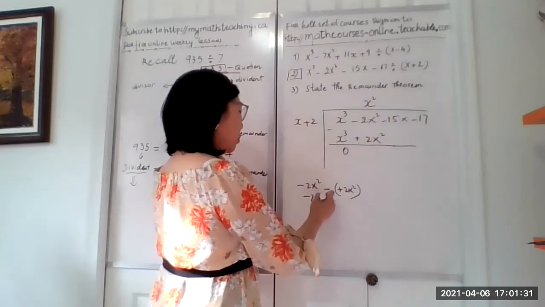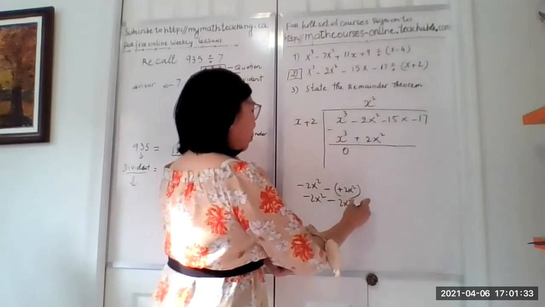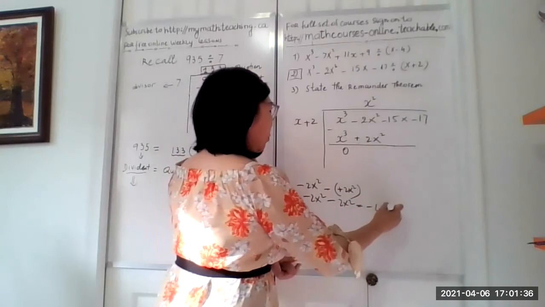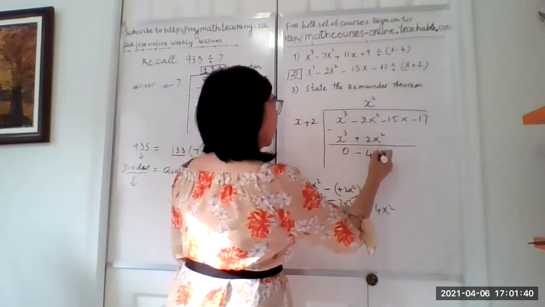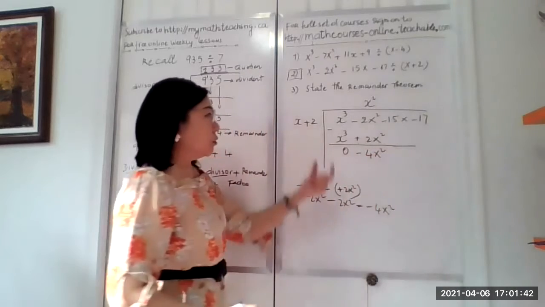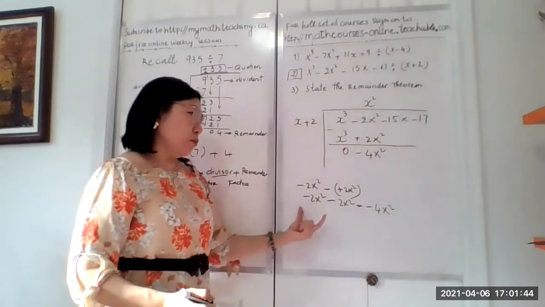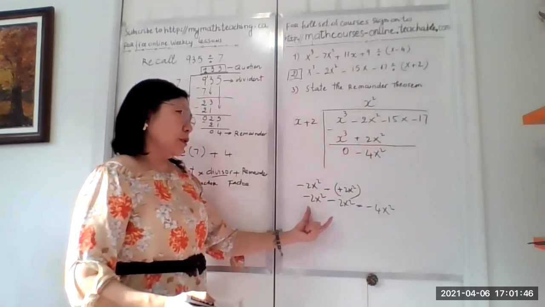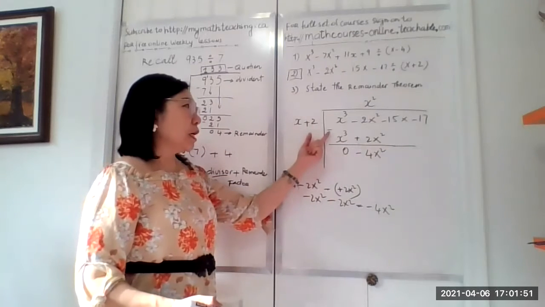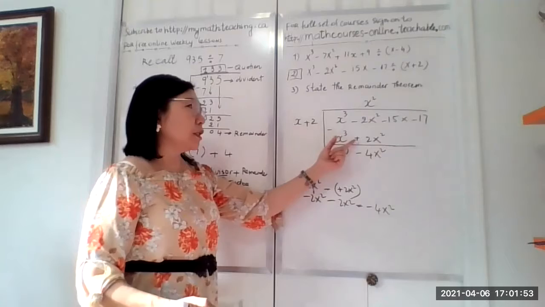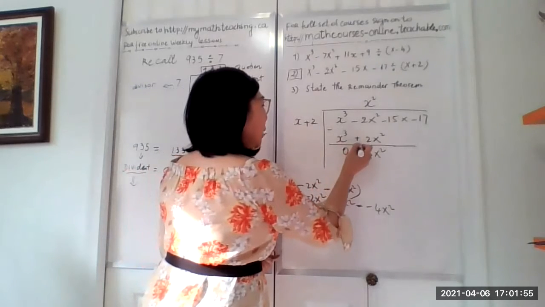So negative 2x squared, negative 2x squared will be negative 4x squared, obviously. Even though you put it in a column, the way you subtract the expression is exactly the same. You just have to notice this negative will change this positive to a negative sign.